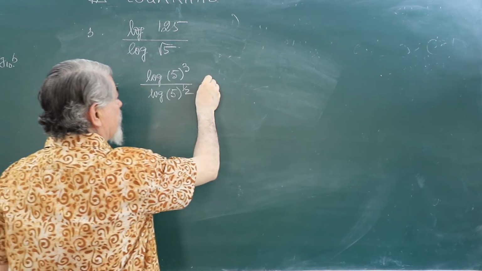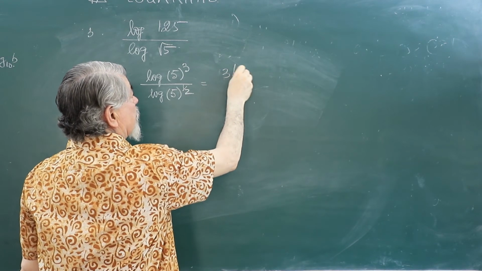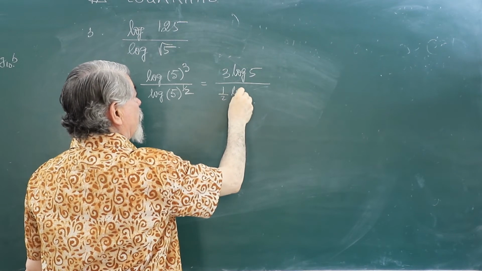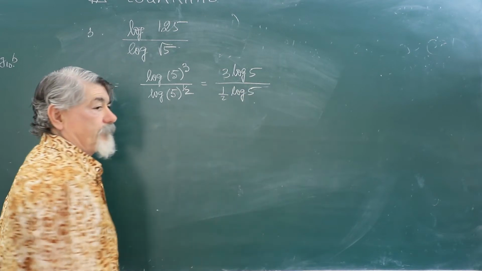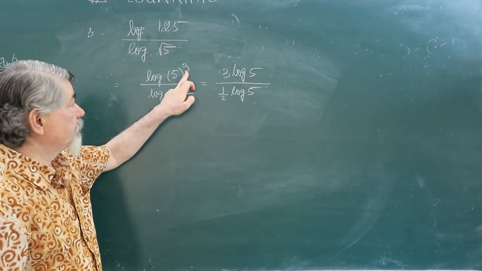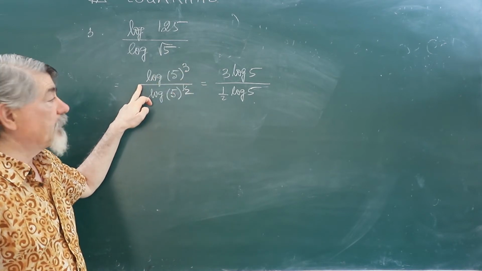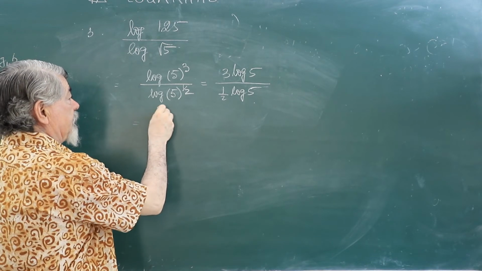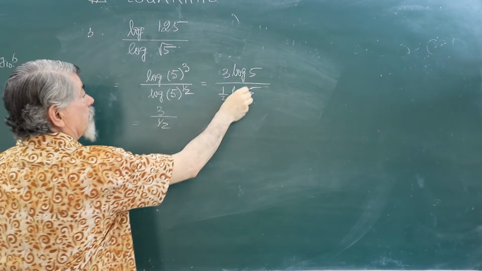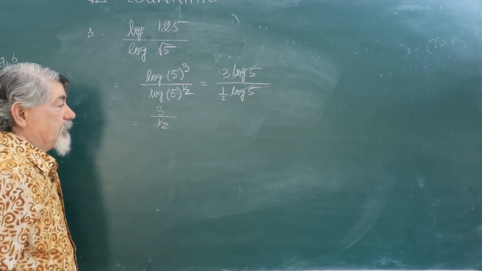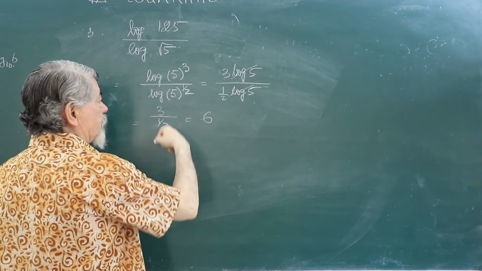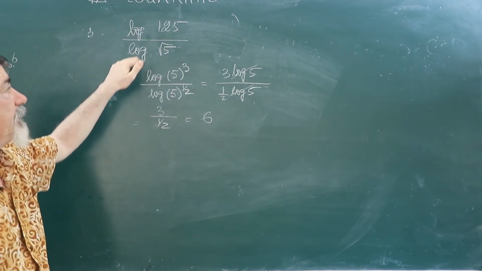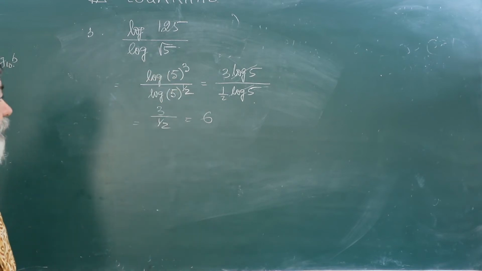It becomes 3 log 5 upon half log 5, because the power will come in the beginning as a multiple. So it will become 3 divided by 1 upon 2, because log 5 will cancel. It will become 6, because 2 will go up. So 3 2s are 6. So the value of log 125 upon log root 5 is 6.